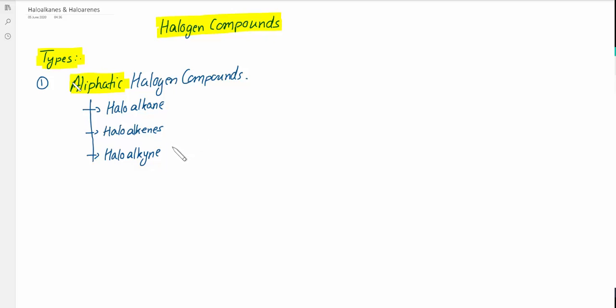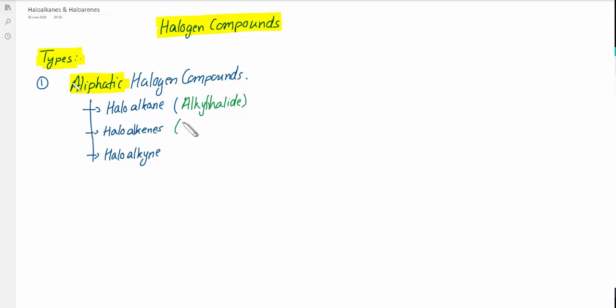Now this haloalkane is okay. Coming to haloalkenes, these are also known as alkenyl halide, just like the haloalkanes are called alkyl halides. So whether we use haloalkanes or alkyl halide, it is the same.